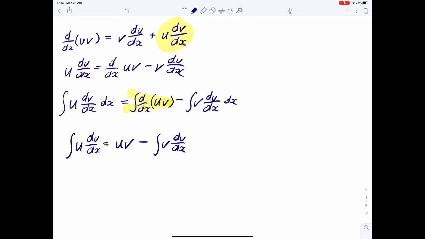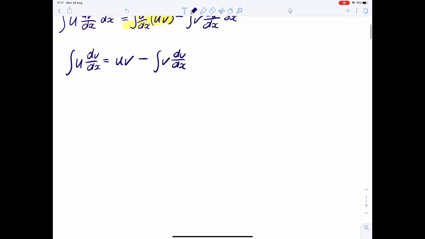So I can rewrite it as something more approachable, which would look like: the integral of u dv is the same as uv, the product of two functions, minus the integral of v du. So this is known as integration by parts.